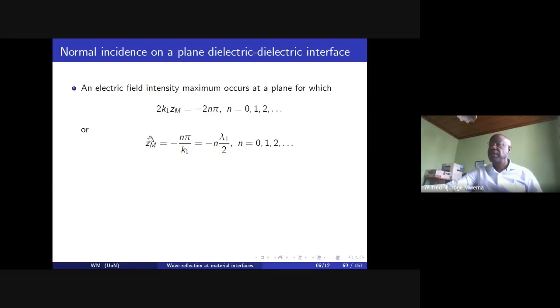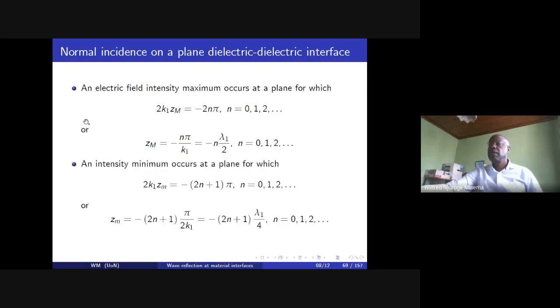Or in other words, zm is going to be given by minus n pi by k1, which is just minus n lambda1 by 2, or half wavelength. So at intervals of half wavelengths away from the interface, we'll have a maximum in the electric field intensity. We don't need to belabor the point.